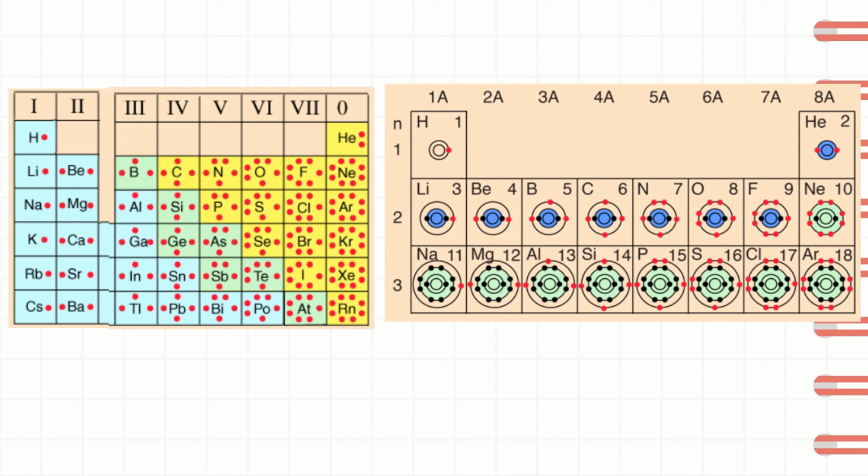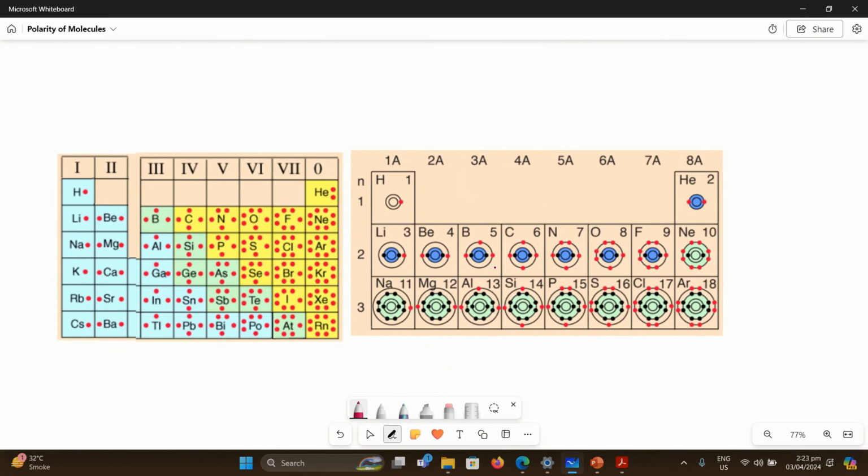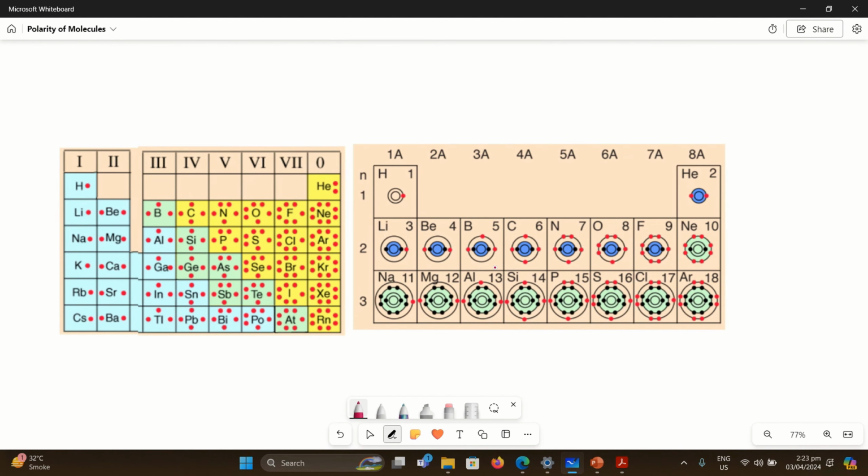The most important here is the Lewis dot structure. So you have to determine first the Lewis dot structure. Lewis dot structure is another topic, but I hope you already know what it is. If you don't know what a Lewis dot structure is, I will do a tutorial on that. So these are the valence electrons of the elements, and the Lewis dot structure diagrams will be shown later.